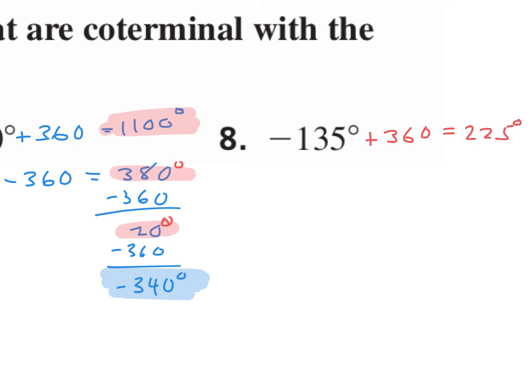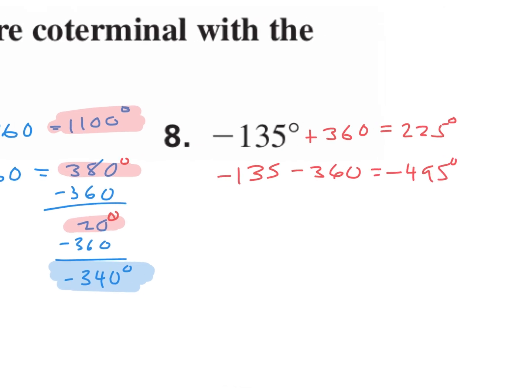And then how do we find a negative coterminal angle? Subtract 360. So negative 135 minus 360. What does that give us? Negative 495. Are one of these positive and one's negative? Yep, so we're good.